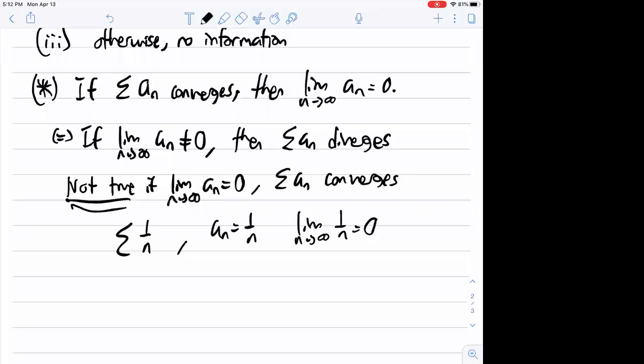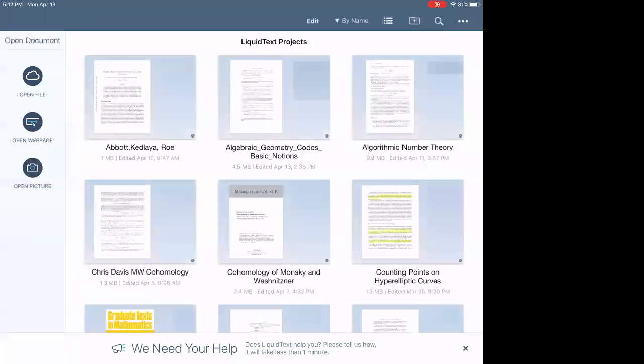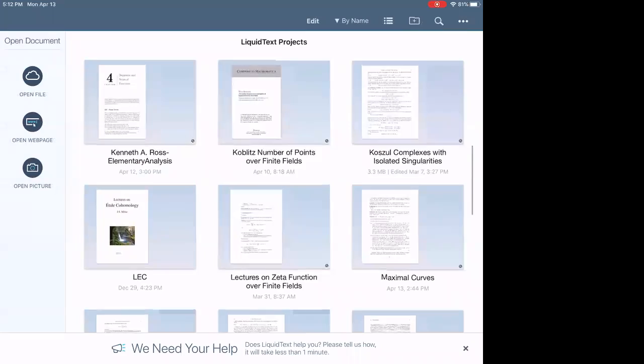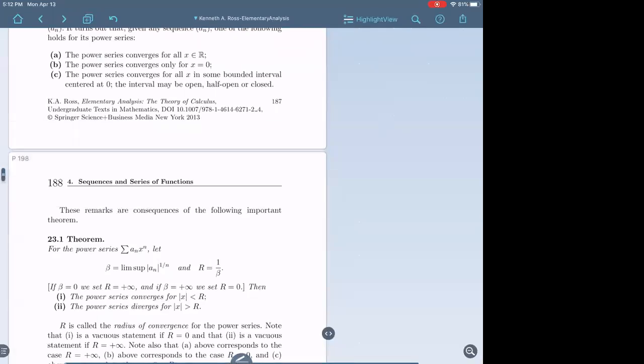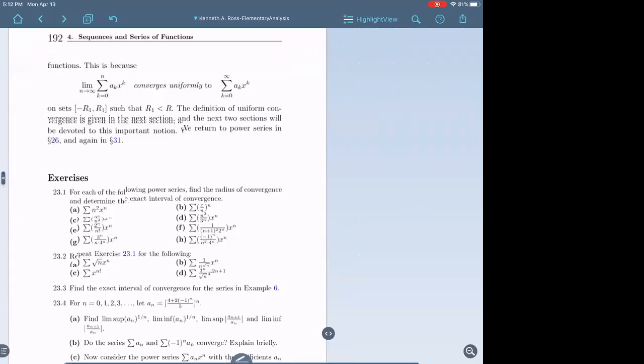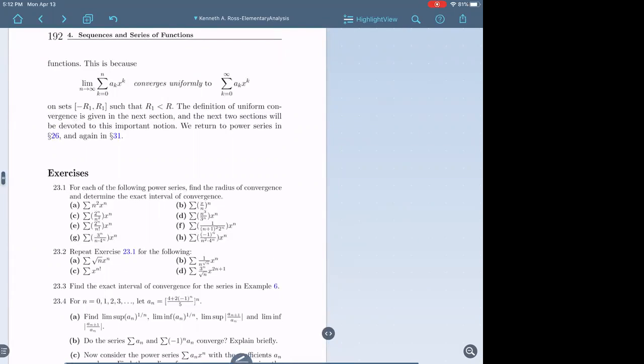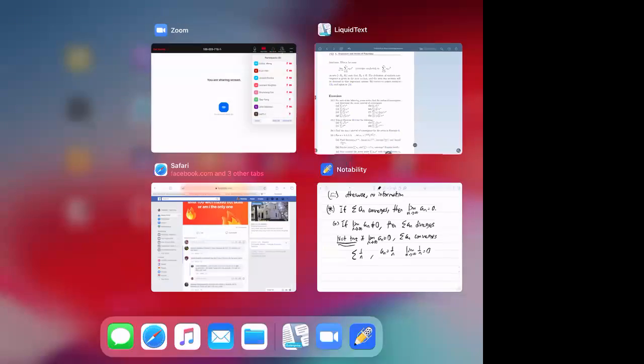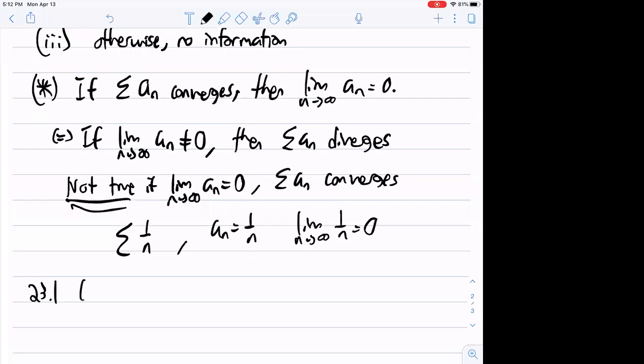Okay, let me pull some problems from the book, Kenneth Ross, so we are all clear. Let me just pick two problems. Let's do 23.1a, the sum of n squared x to the n.